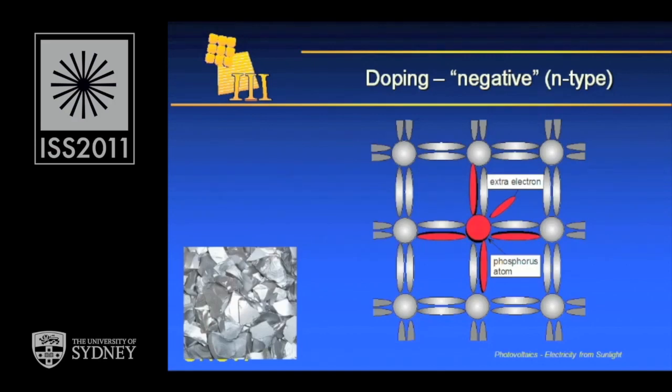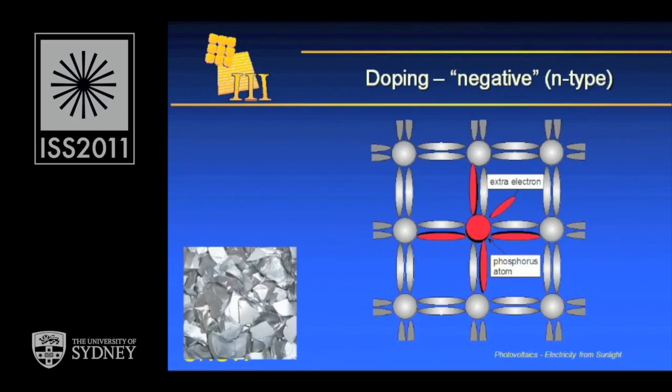So what's happened here is that we've replaced a silicon atom within that regular crystal structure by a phosphorus atom. And phosphorus is from group 5 of the periodic table, and it has 5 electrons in its outer shell. So if you imagine it, tied up in this lattice, 4 of the electrons in the outer shell get incorporated into these covalent bonds. So it looks just like silicon in that regard, but you've got 1 extra electron.